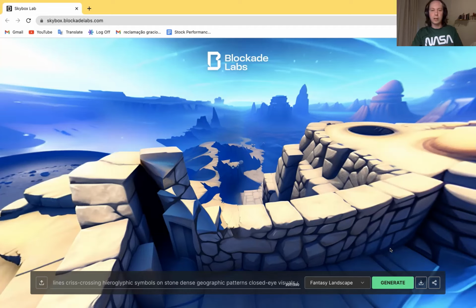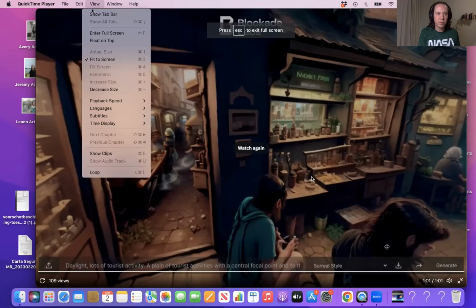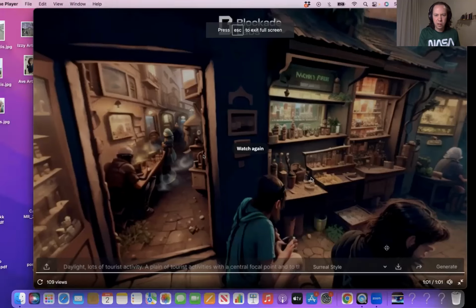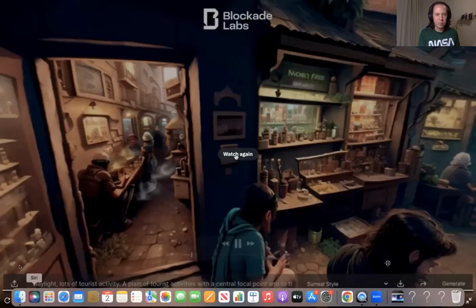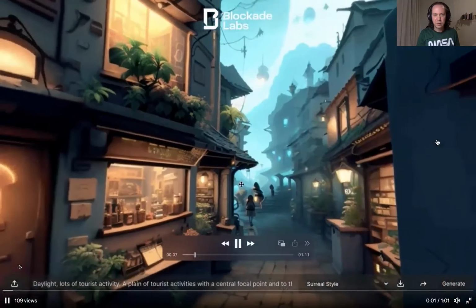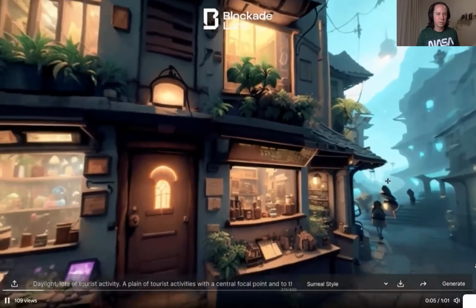So like I said, the technology is getting there. And I thought this one was closer, technologically speaking, than the other ones. Anyway, this is me arriving in the foreign city, whatever prompts I put in there.